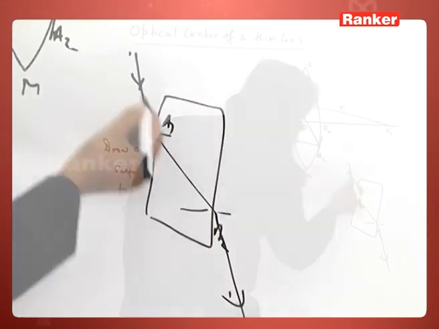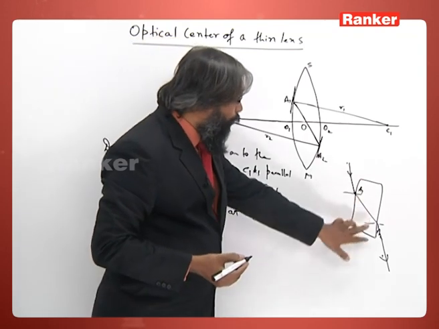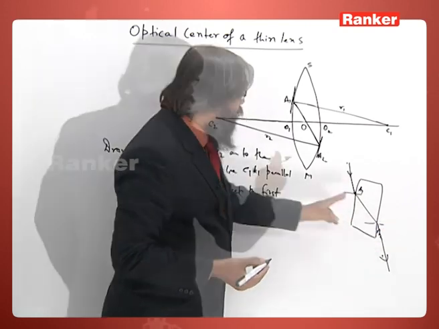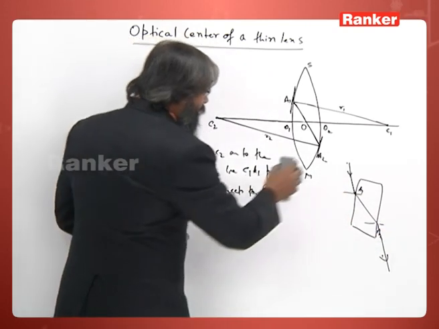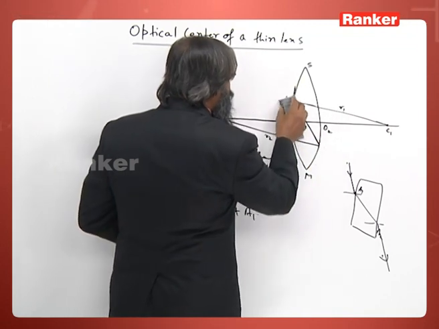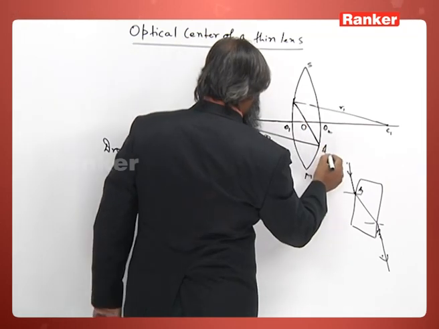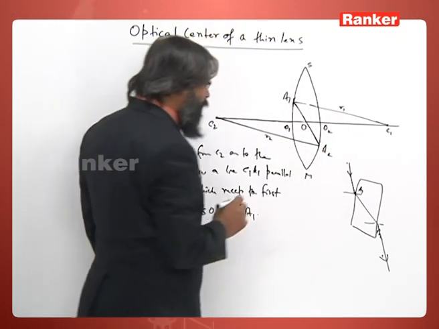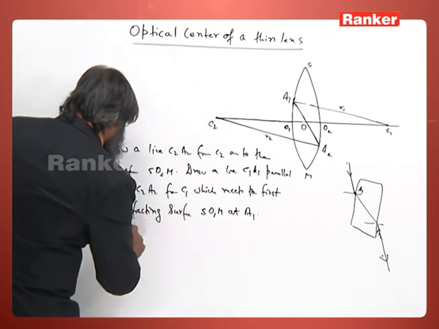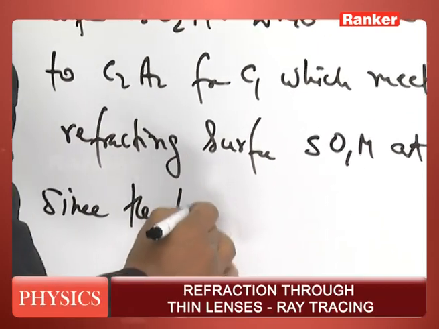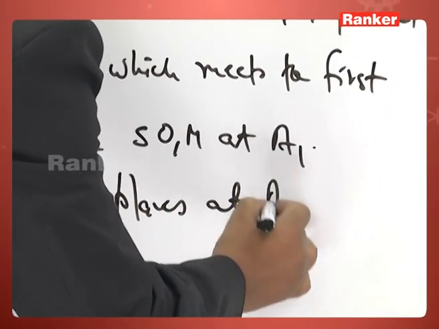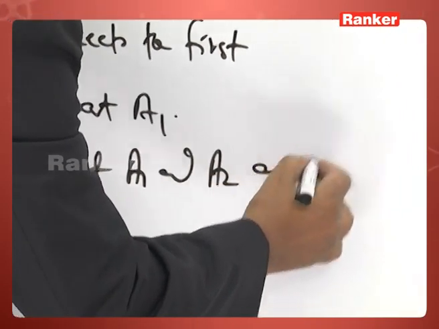These two rays will be parallel because these two planes are parallel and the medium here and here is the same. Now let us remove these lines so that our diagram will be somewhat easier. This is A2 and this is A1. So, since the tangent planes at A1 and A2 are parallel.